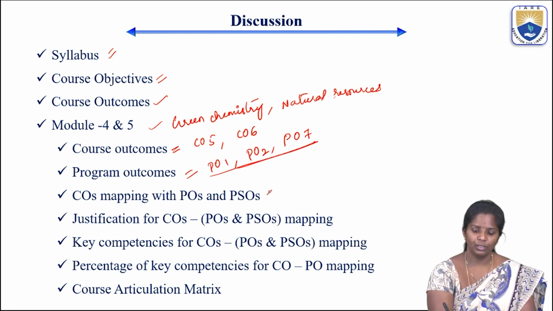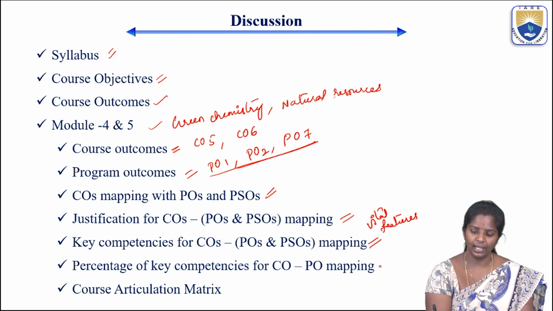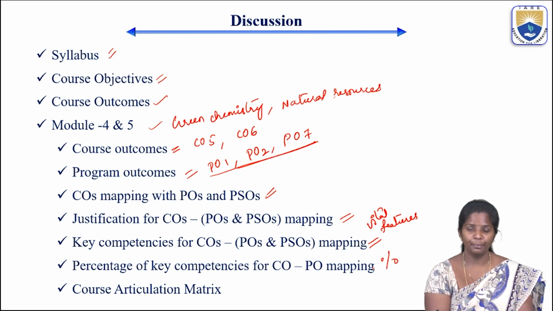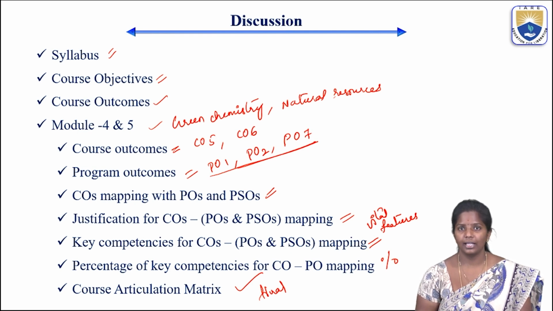Then CO mapping with the program outcomes, then justification of the CO-PO mapping, the key competences that are vital features matching with the course outcomes, then percentage calculation for that CO-PO mapping, and finally the course articulation that we have discussed. Before we initiate the learning, it is calculated and formulated with the program outcomes, so that the learner has better learning and attains the learning outcomes.